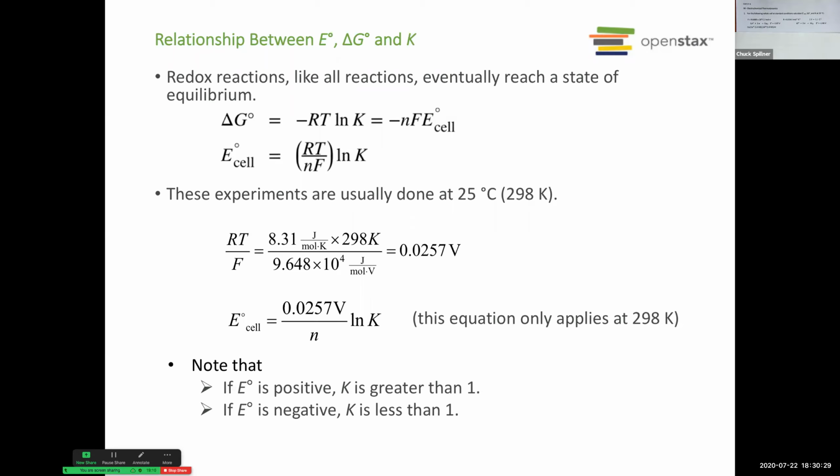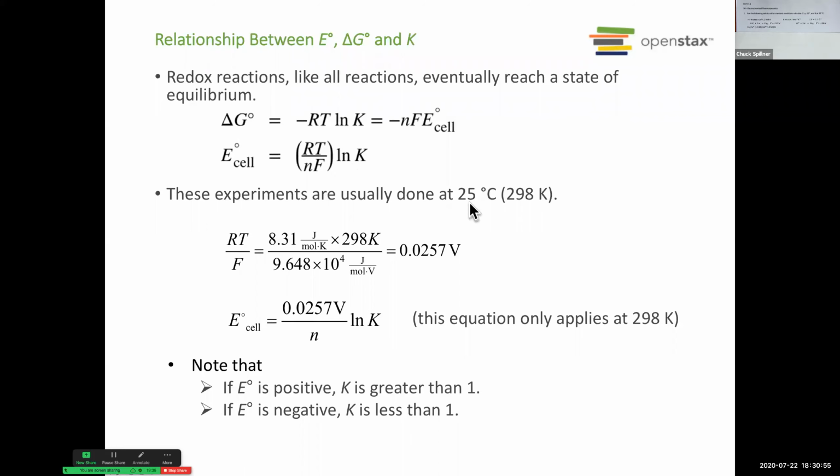So we can relate the equilibrium constant to the cell potential, and we get the standard cell potential is equal to RT over nF times the log of K. That derives directly from the equation up here that I'm pointing to with my cursor.